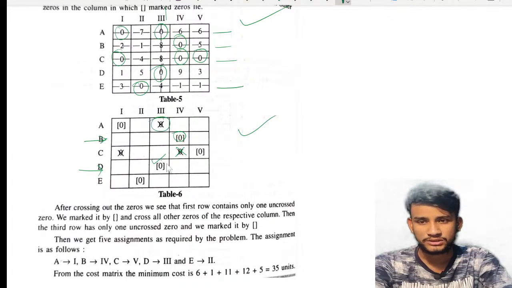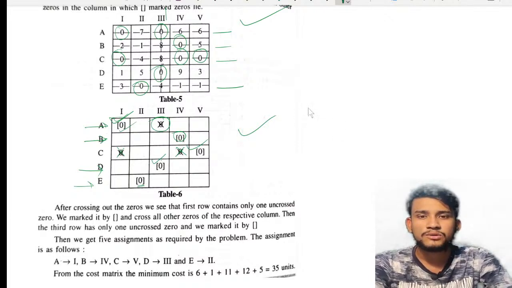And then in E there is only one 0 in the row, therefore we choose this 0 and there are no zeros in the corresponding column. Okay, so this is the selection and this was already crossed out, therefore we choose this 0 and here only one 0 is left. If we choose this 0, then this 0 is crossed out, since it corresponds to this column, and this is the 0 lastly remaining.